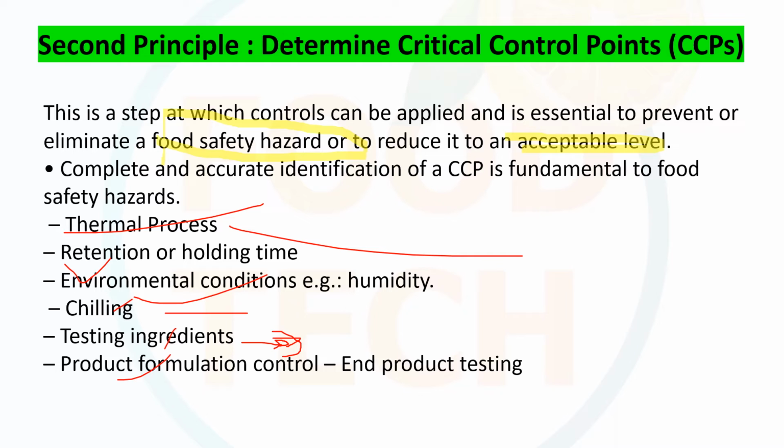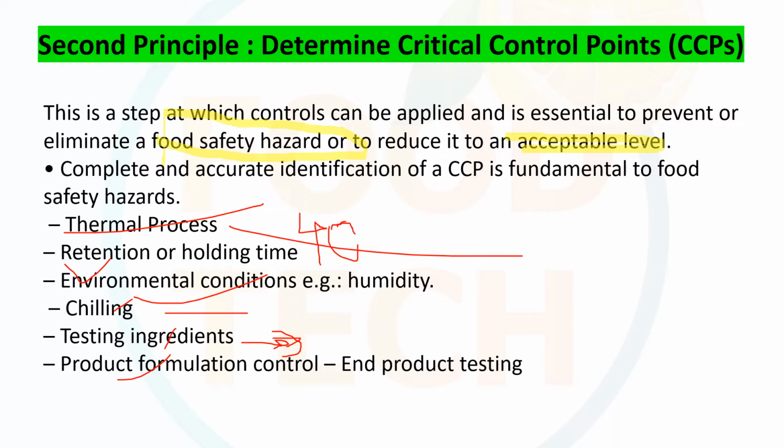And then which thermal process should be given to that particular product, by which we can avoid burning the product. So that is the critical control point. Let us take an example: above 40 degrees Celsius.